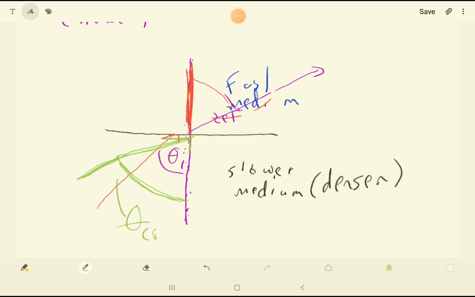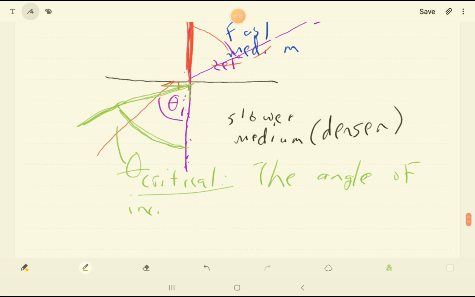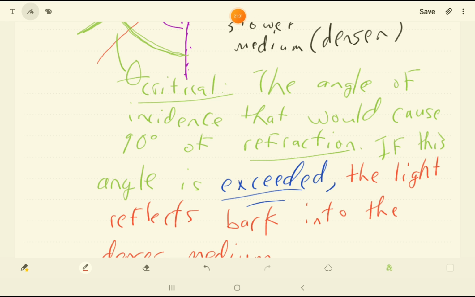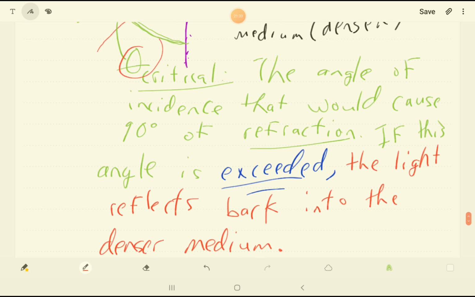And so we're going to write theta critical, and this is the angle of incidence that would cause 90 degrees of refraction. And so this would be the critical angle stated here, and that would cause 90 degrees of refraction.